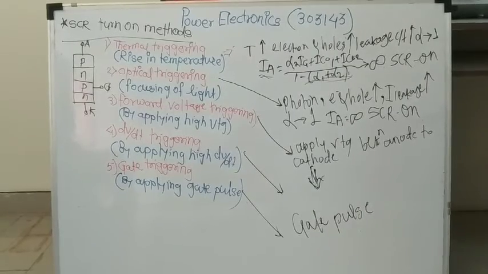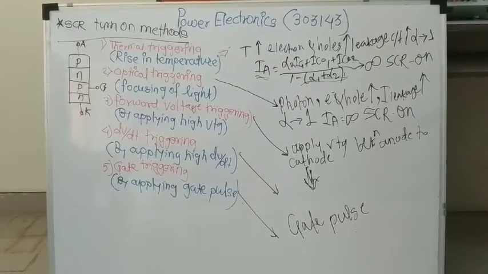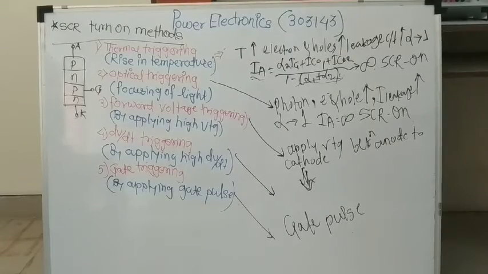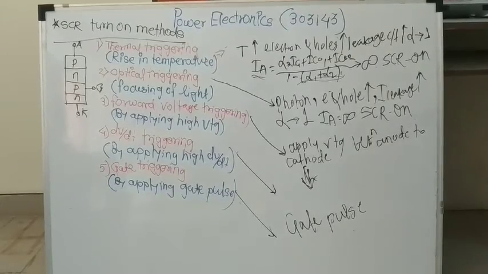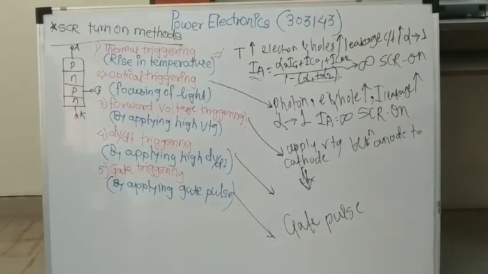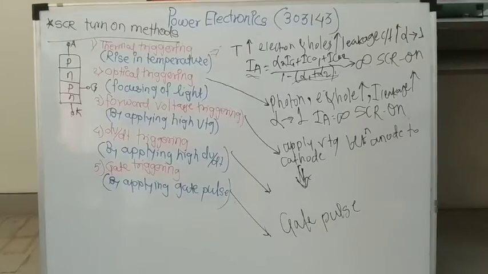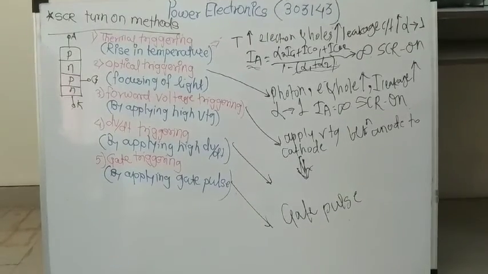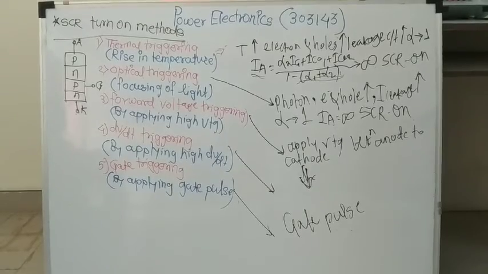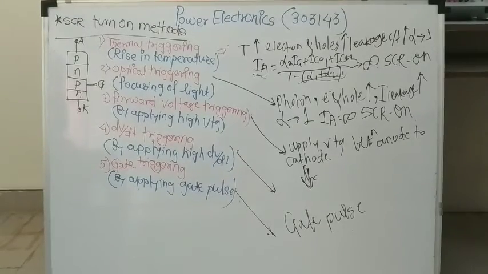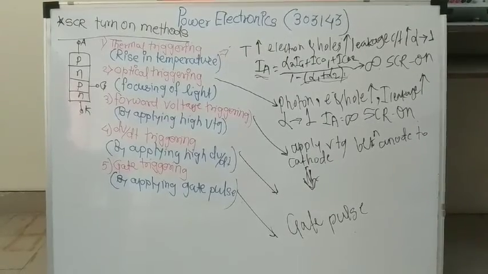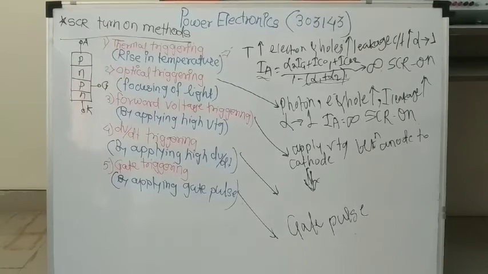So it is a very good method of turning on the SCR. We can say it is the proper way of turning on the SCR, and in day-to-day life only this method is widely used in industrial as well as commercial applications, because it is the only suitable method for turning on the SCR without damaging it. Hence, in our syllabus also, in all units, we use the gate pulse method.